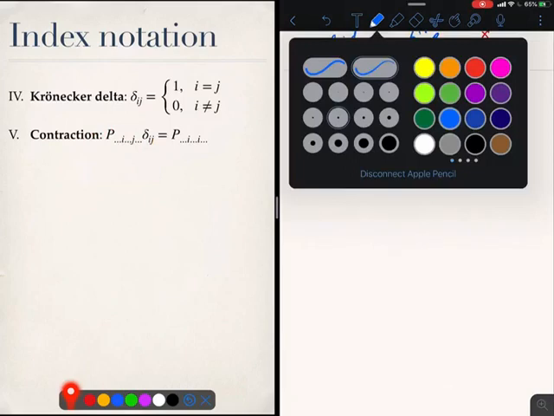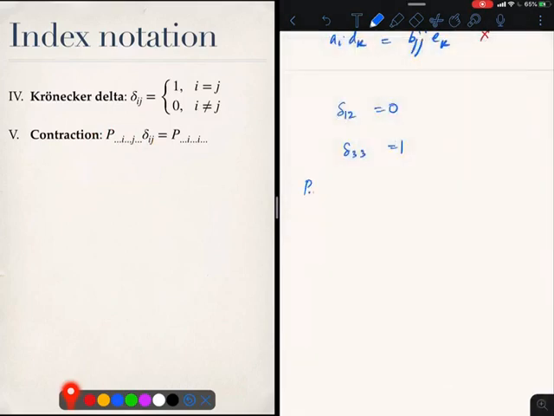So what would this be? So this p_ij delta_ij will be p_11 delta_11 plus p_12 delta_12 plus p_21 delta_21, and so on and so forth. So there will be 9 such terms, right?